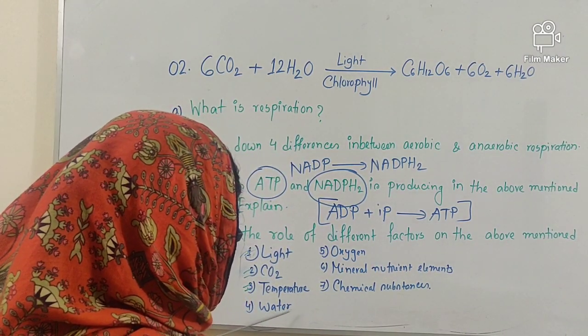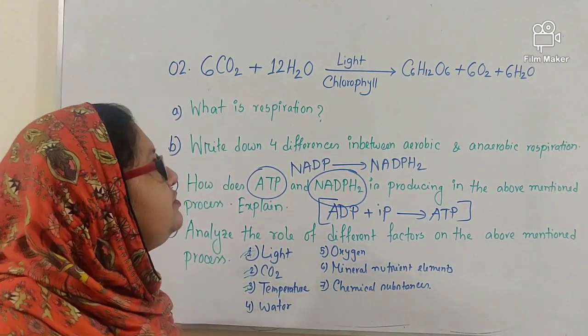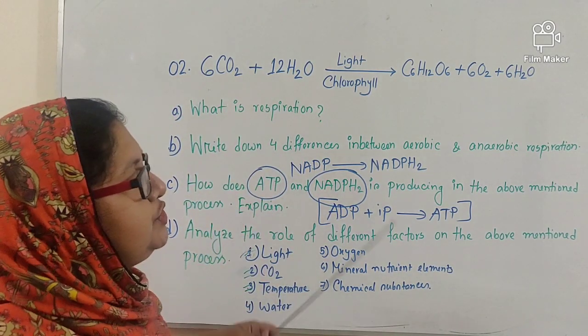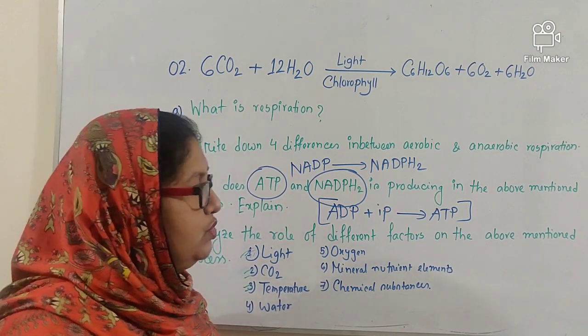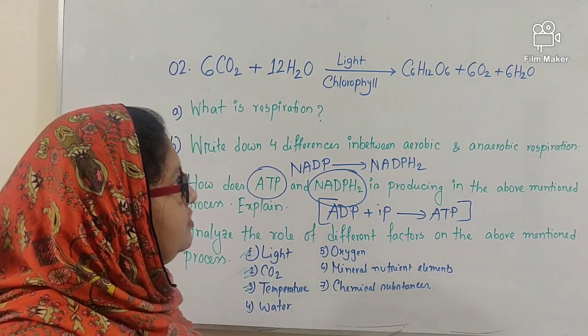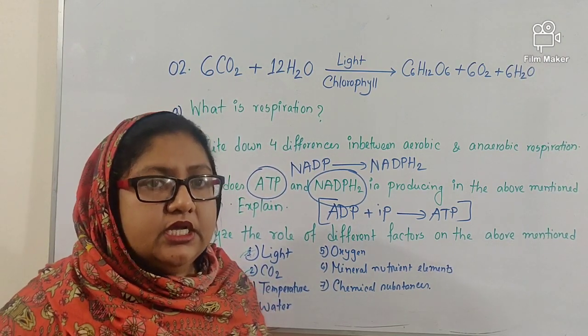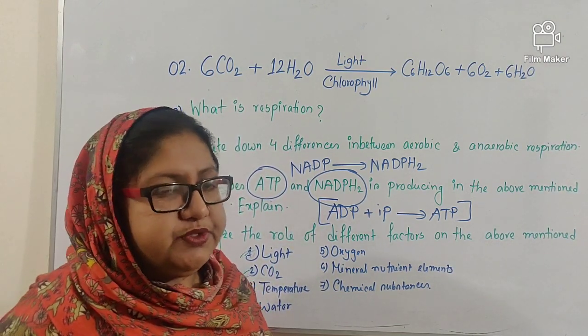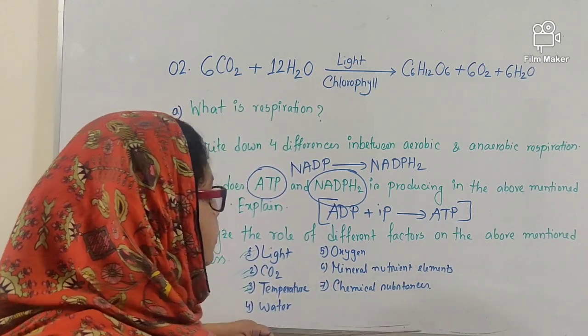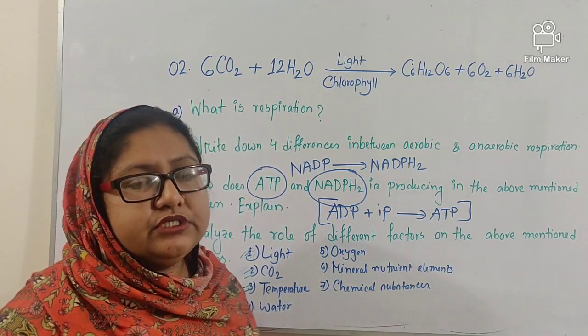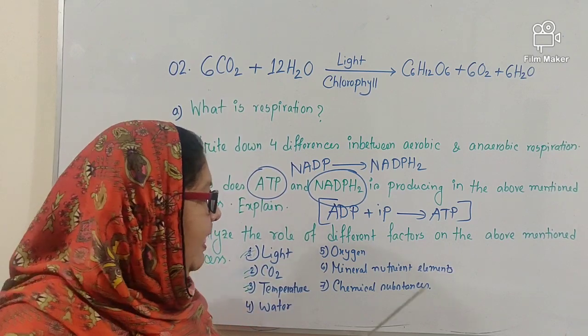Then, water. Water is another raw material of photosynthesis. So, if water remains available, the rate of photosynthesis will be satisfactory. In scarcity of water, the photosynthesis may cease.